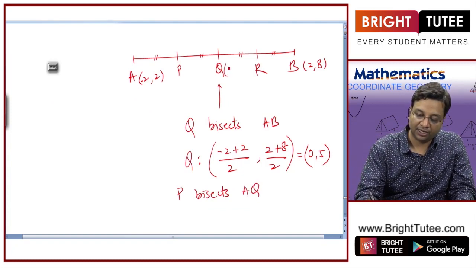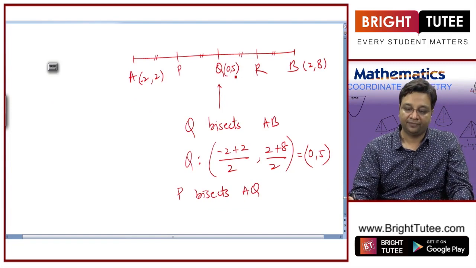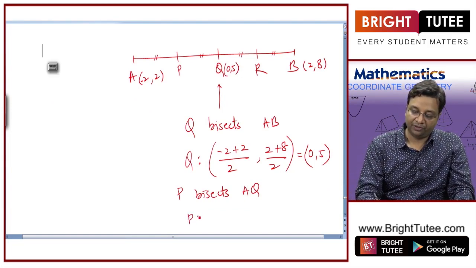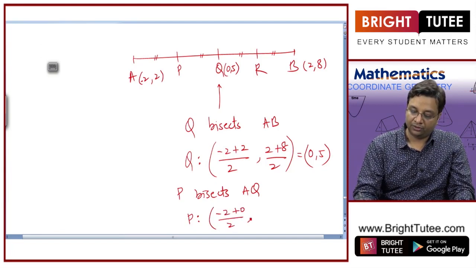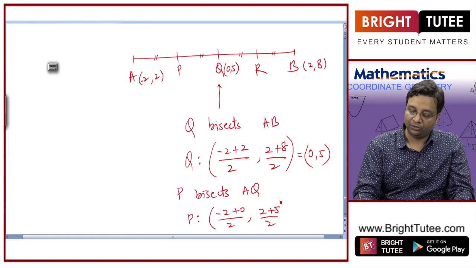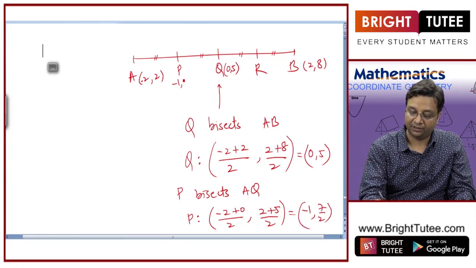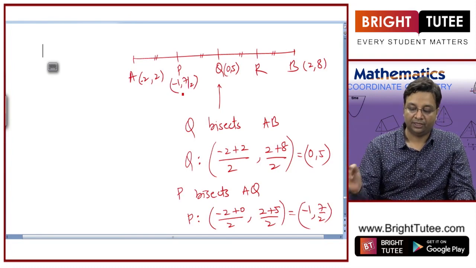Coordinates of Q are 0, 5. So coordinates of P will be minus 2 plus 0 by 2, 2 plus 5 by 2, which are minus 2 by 2, minus 1, and 7 by 2. So P is minus 1, 7 by 2.